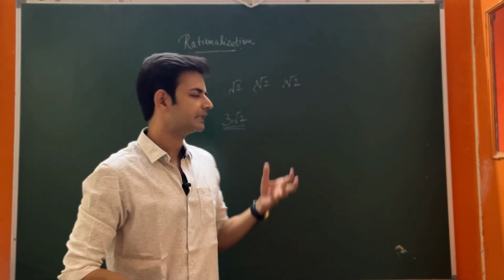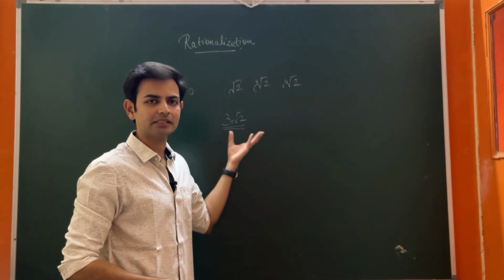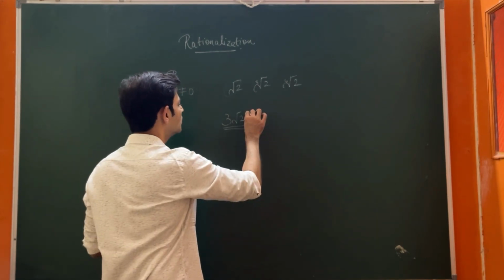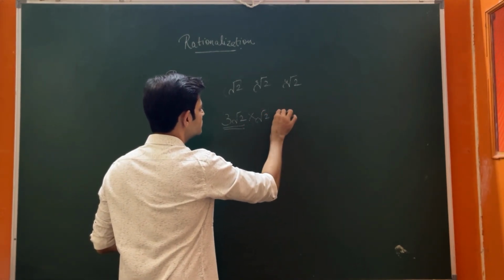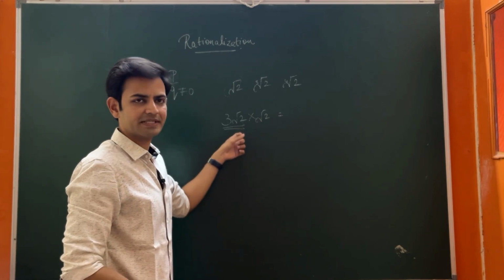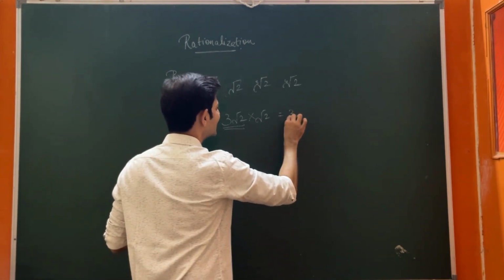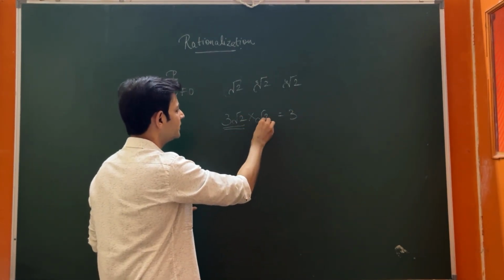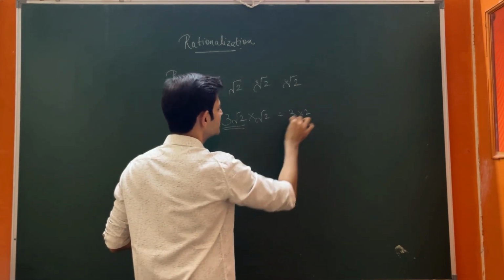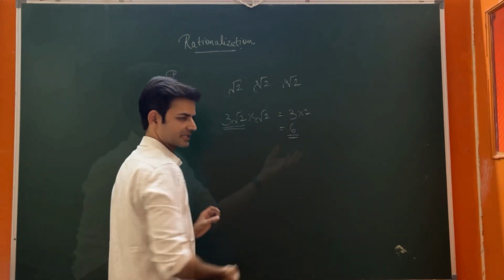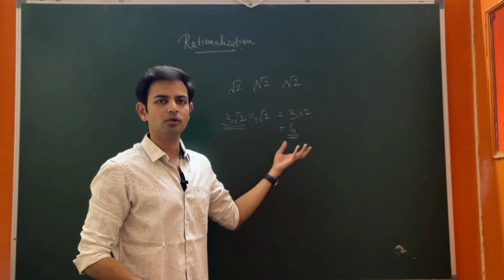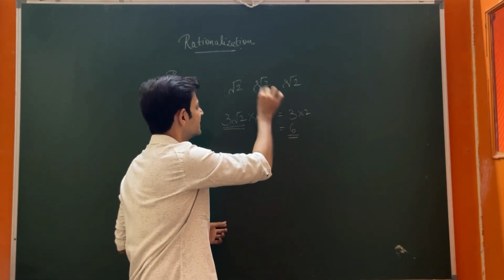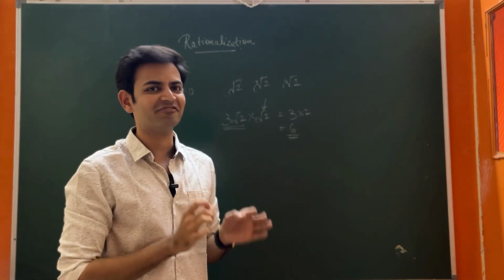So the least number that I can multiply here is root 2. If I multiply root 2 to this, it will give me 3 as it is, and root 2 into root 2 will be equal to 2. So I get the answer as 6. Because we don't have any root now, this root 2 is called the rationalizing factor.